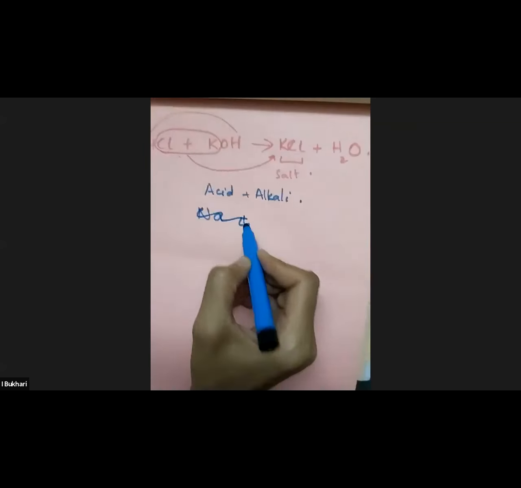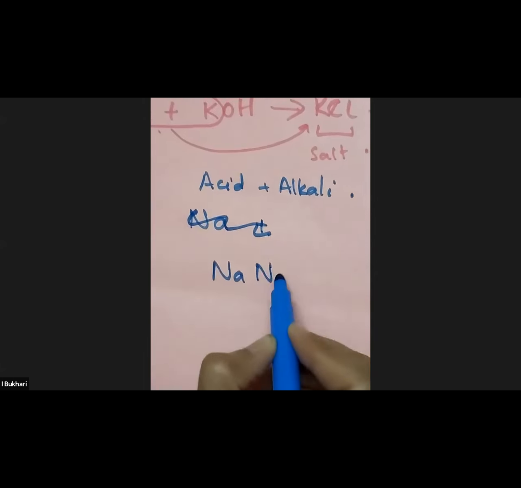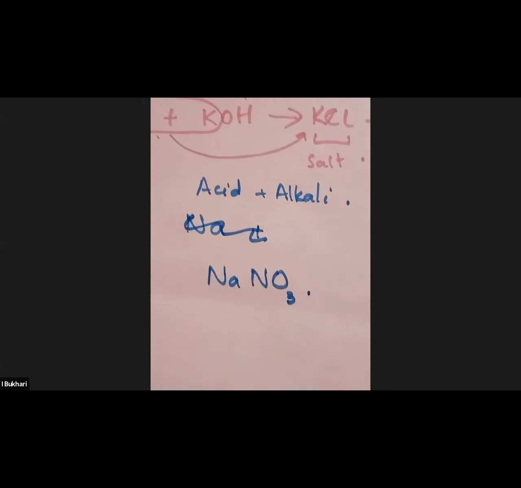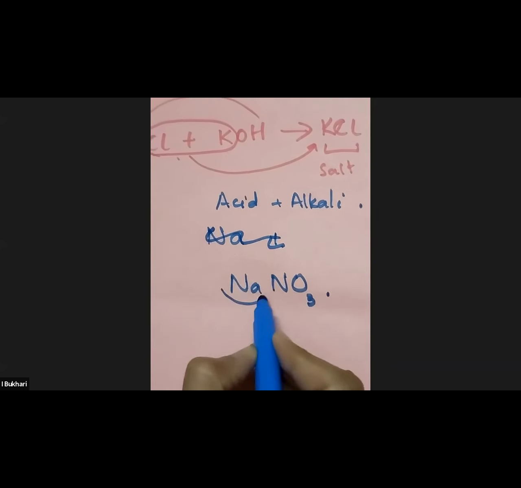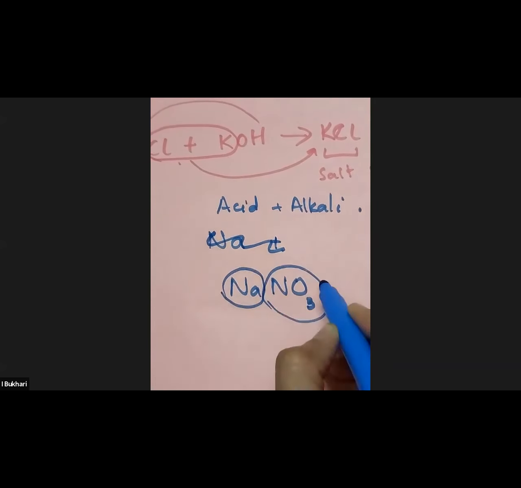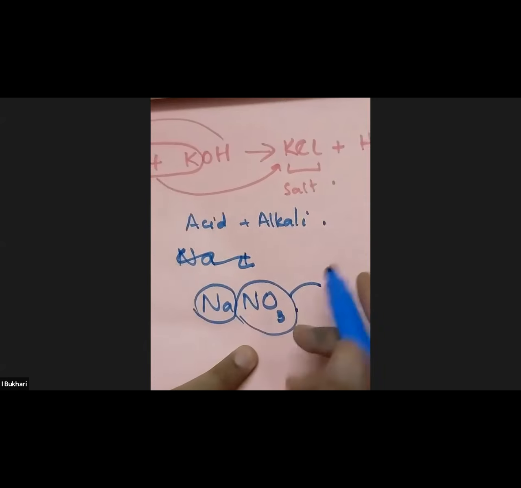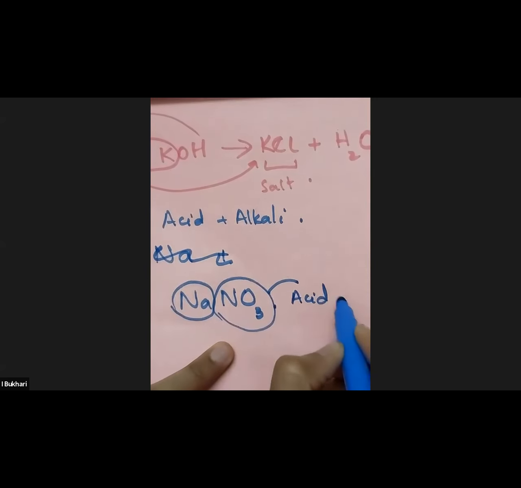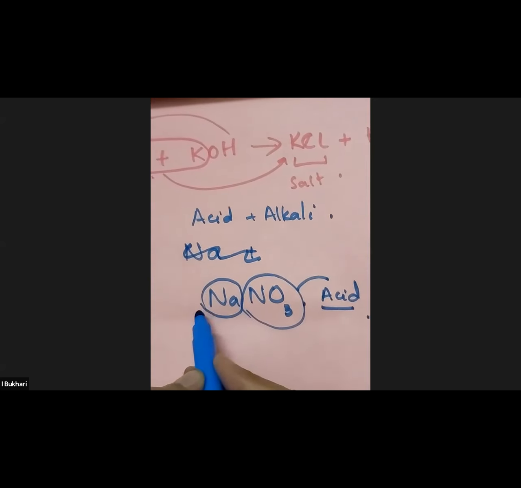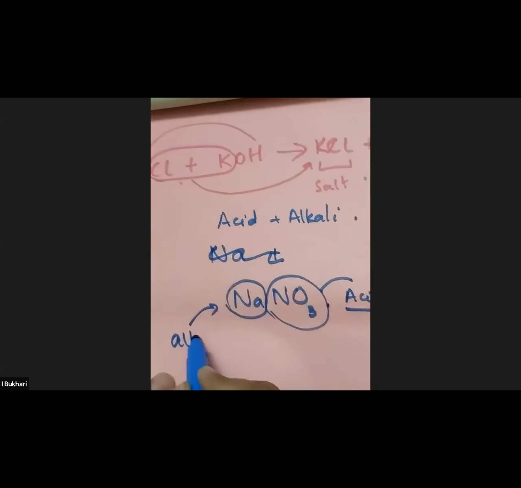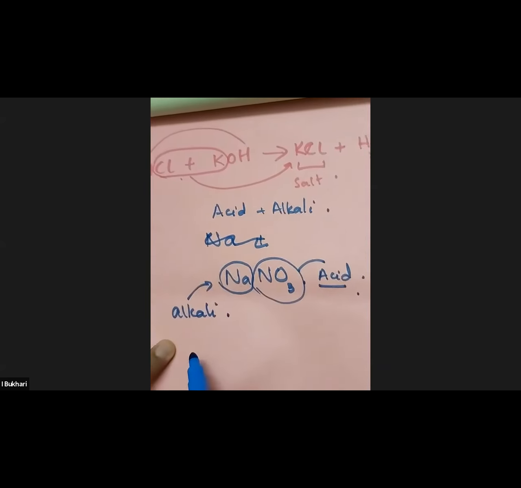Acid and alkali. Now, first of all, write down the formula of the salt. Salt, sodium nitrate. Remember the anion comes from the acid, and the metal comes from the alkali.